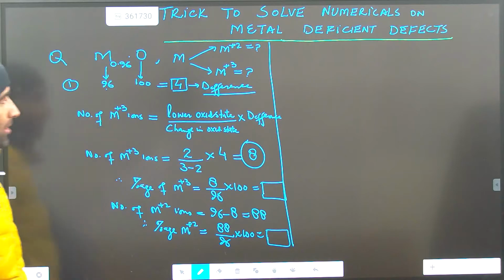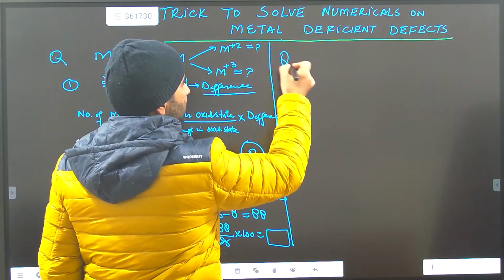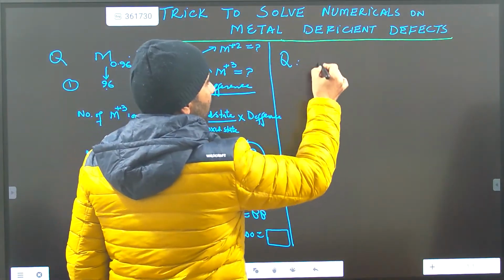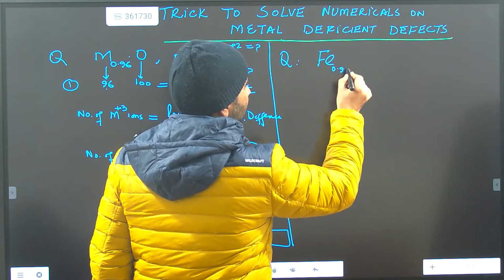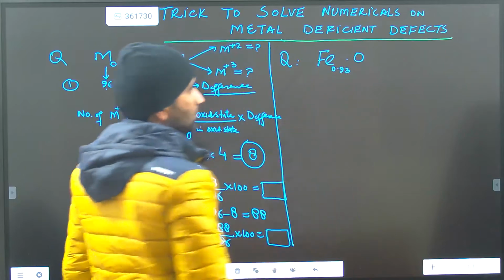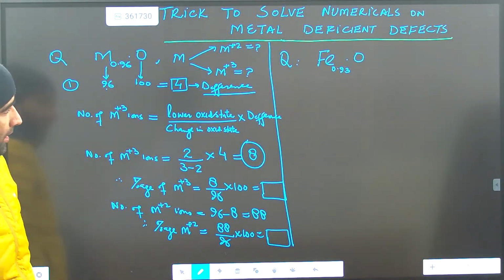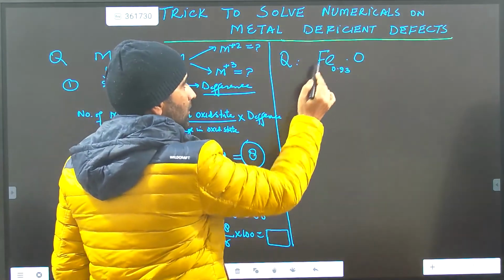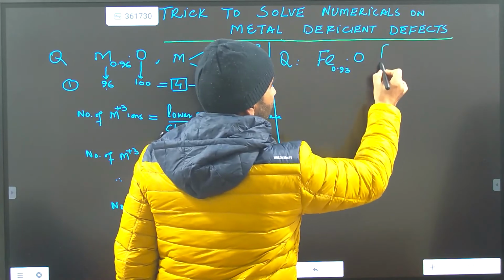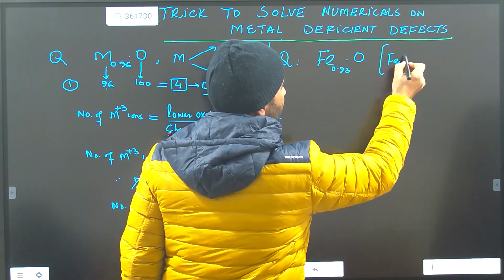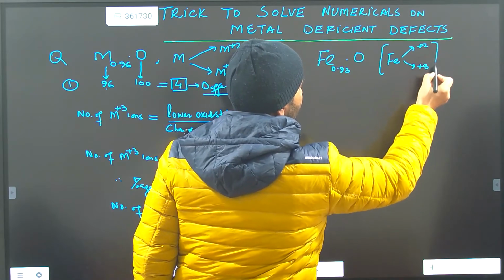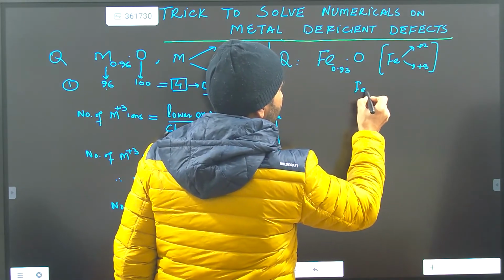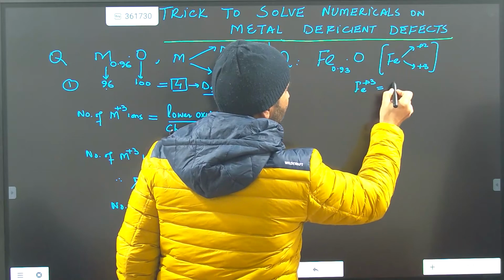Let me give an example. Suppose आपके पास एक question आता है, आपके पास ये है FeO, Fe0.93O. 1 मिनट में आप इसको सॉल्व कर पाएंगे, देख लीजिए कैसे. So this will be, आपको वहाँ पे दिया गया है, this iron exists in plus 2 and plus 3 oxidation state, and calculate the percentage of Fe plus 3.